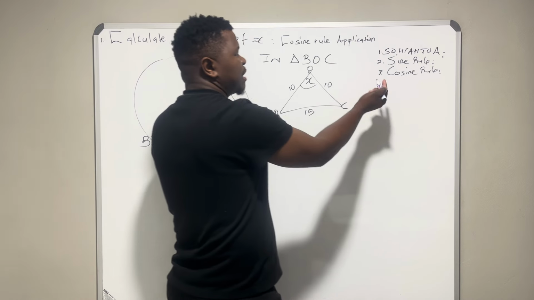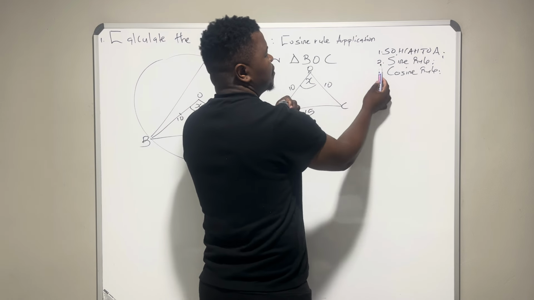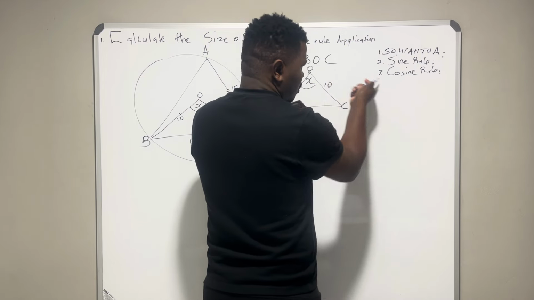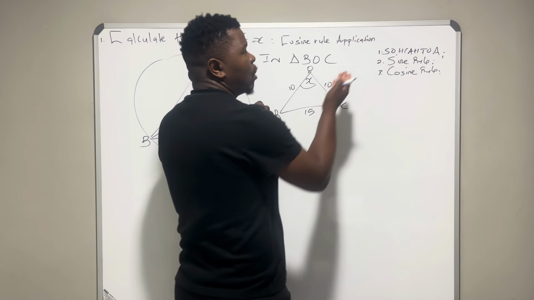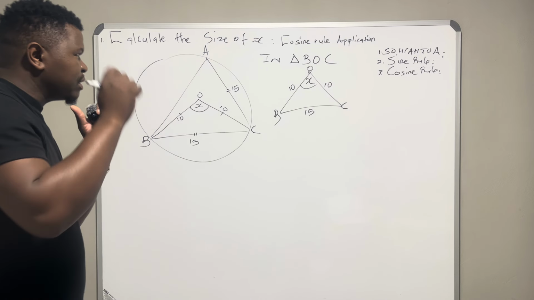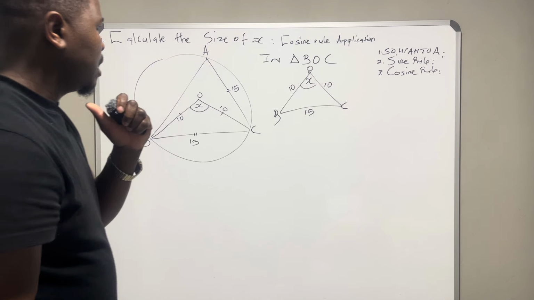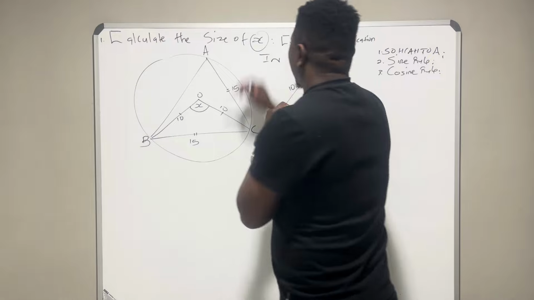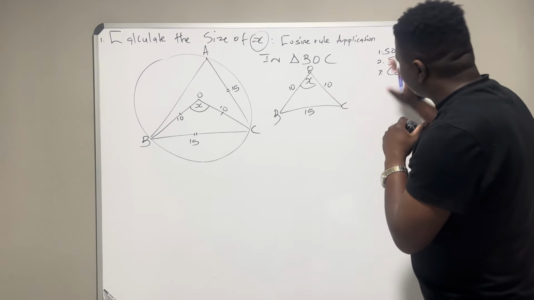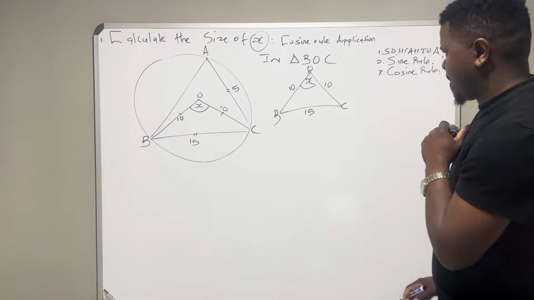It's either we engage SOHCAHTOA versus sine rule, SOHCAHTOA versus cosine rule, or cosine rule directly, or sine rule separately, or SOHCAHTOA separately, depending on the nature of the question. Now, let's work on that. Let's check between the three. Which one are we using?